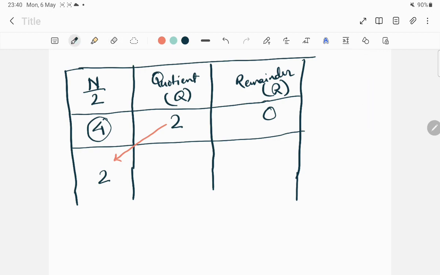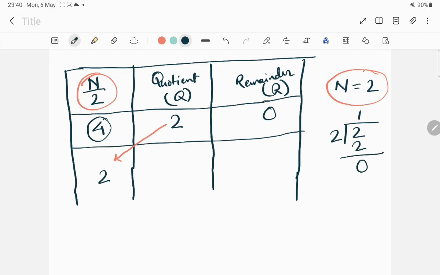In this case, n has become 2. Remember that now n has become 2. Now I will divide 2 by 2. 2 1s are 2, so the remainder is 0. So we have quotient 1 and remainder 0.